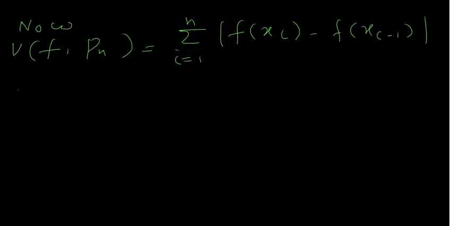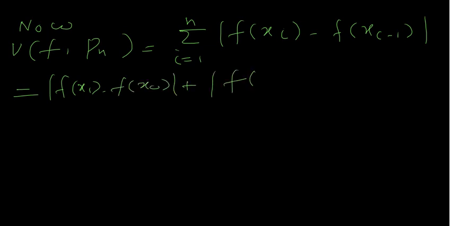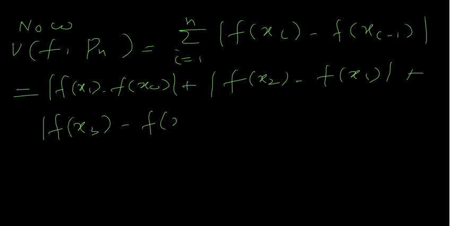If you want to expand this sum, it's mod of f of x1 minus f of x0, plus mod of f of x2 minus f of x1, plus mod of f of x3 minus f of x2, plus you continue this process, and the last one will be f of xn minus f of xn minus 1.